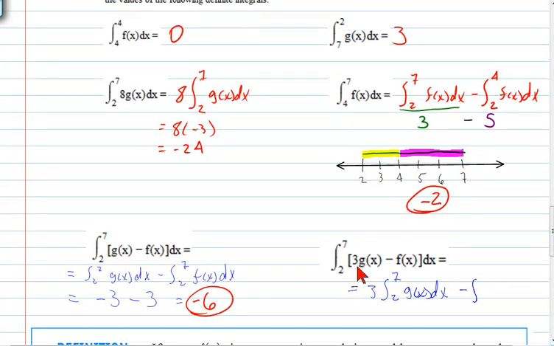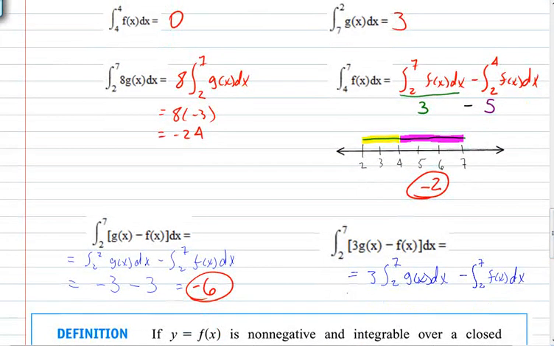The f isn't, because that 3 is not outside the brackets. So this is minus the integral from 2 to 7 of f of x dx. So this is going to be 3 times what? -3 minus 3. So that's going to be negative 12.